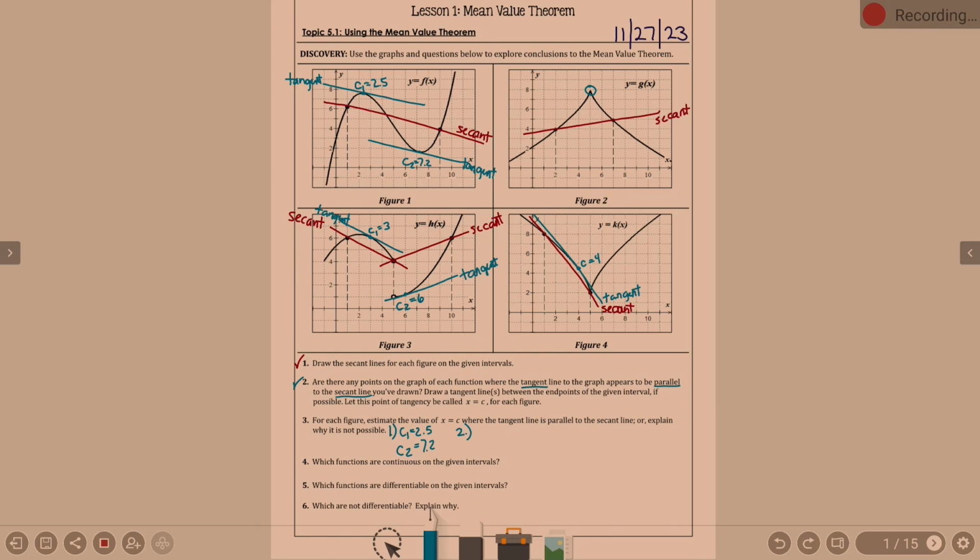On figure 2, we said there was none, and that's because there is a cusp. On figure 3, we had C values at 3 and at 6. And figure 4, we had a C value at 4.